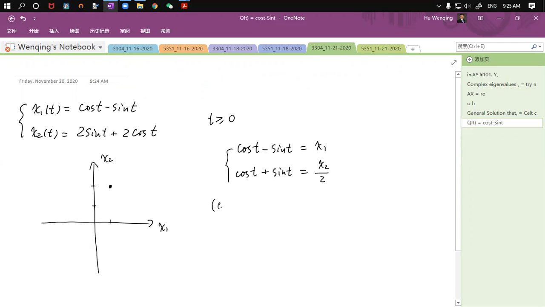But you can actually use the identity: cosine t minus sine t, squared, plus cosine t plus sine t, squared.